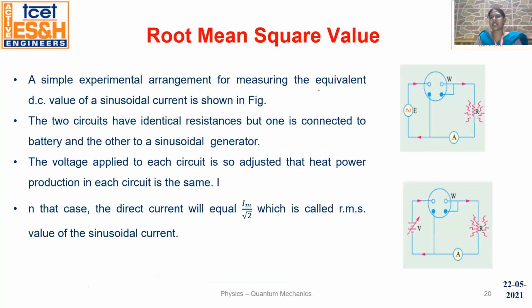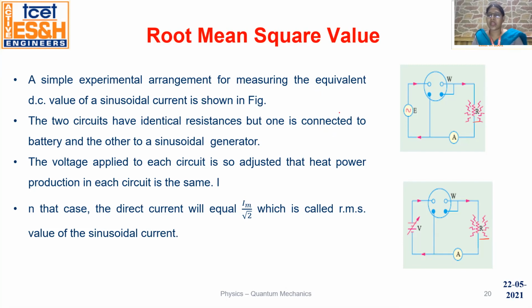See, this is the circuit with a resistance R here, and here it is also a resistance R. It means the load in both cases is the same. Clear? In both cases, the load is the same.